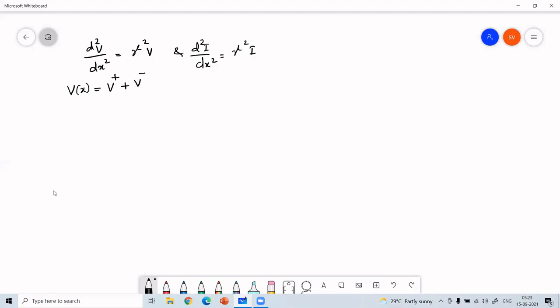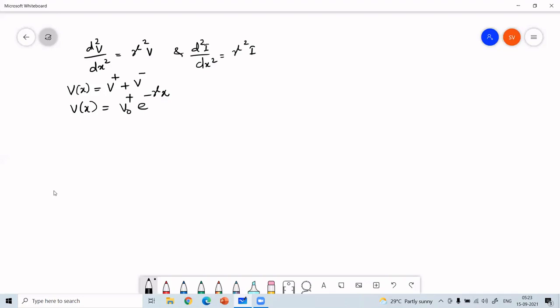So this V plus can be replaced by V0 plus e raised to minus gamma x. This represents the transmitted voltage.